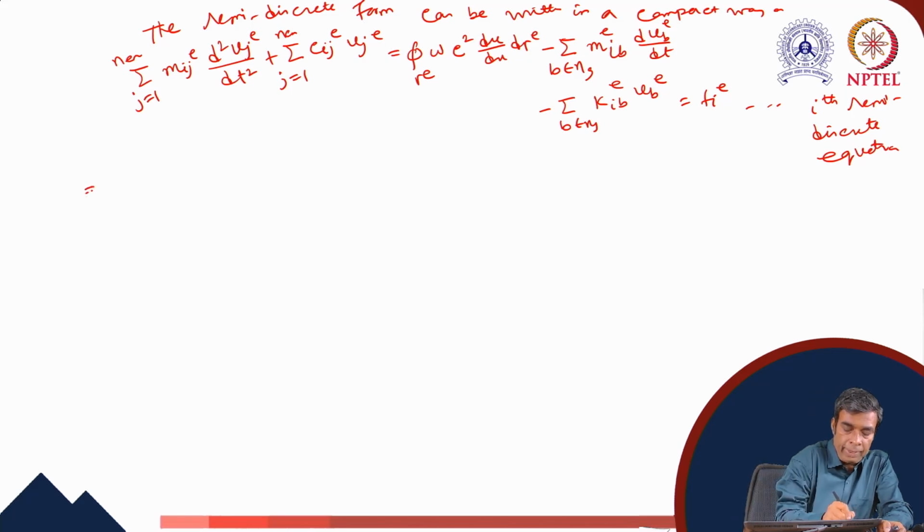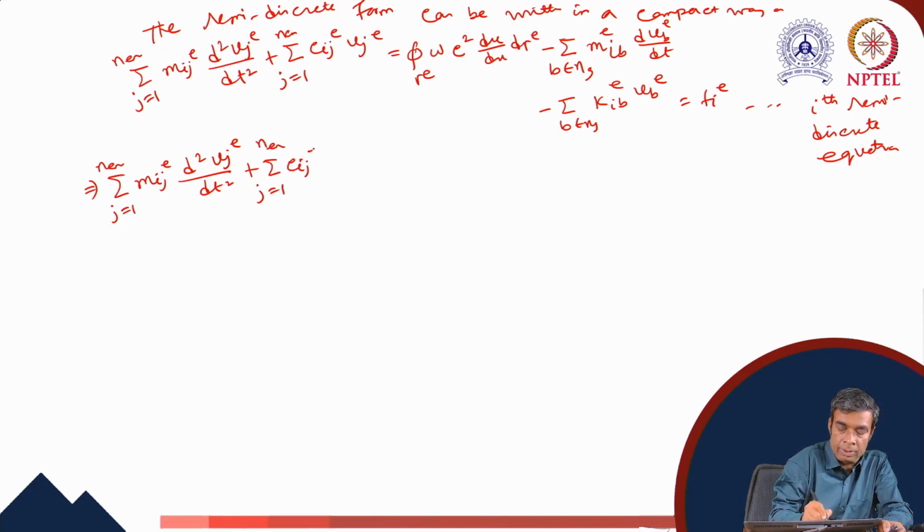So we can write it in a compact way as summation over j equals to 1 to nen Mij d2 uj dt2 plus summation j equals to 1 to nen Cij uj equals to Fie.